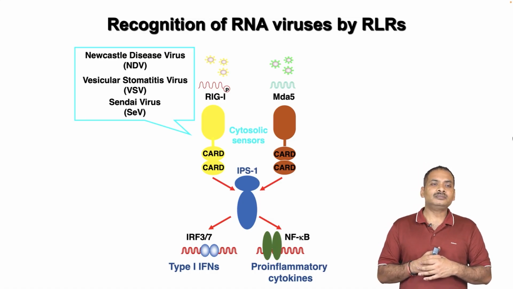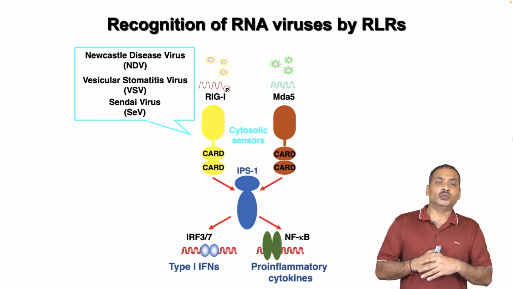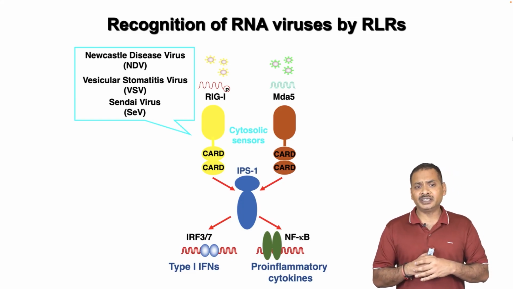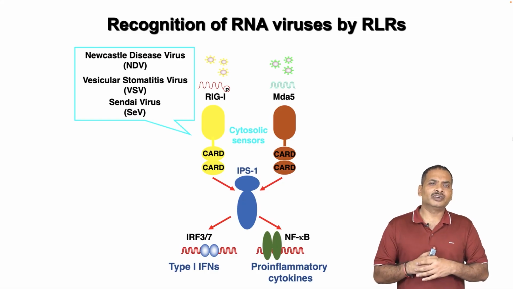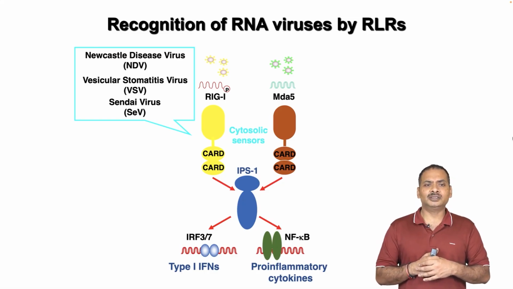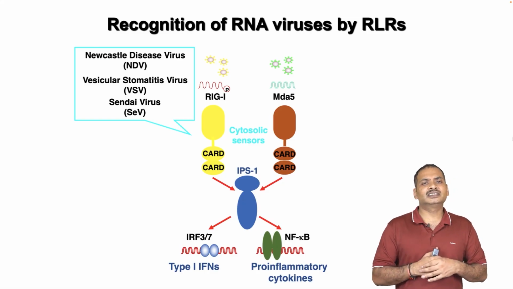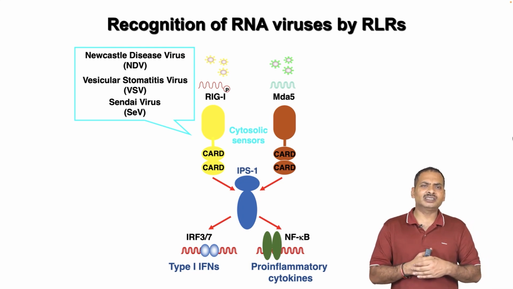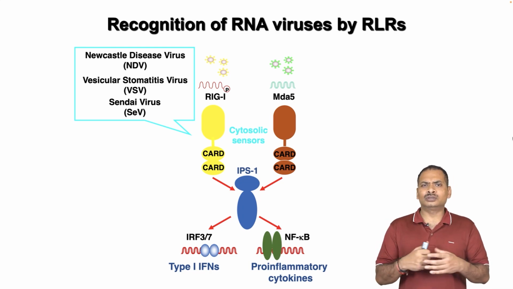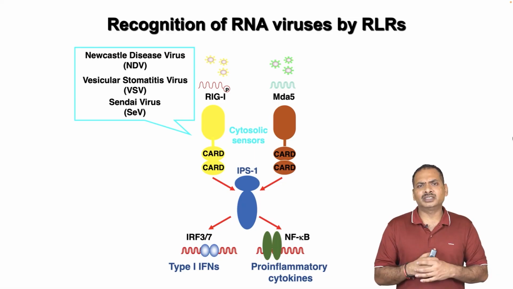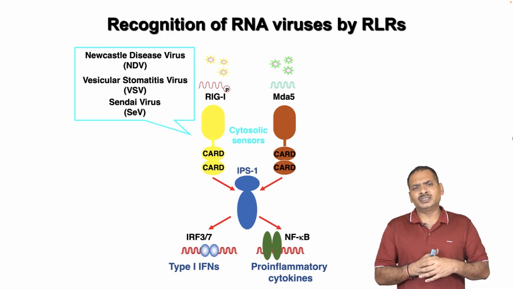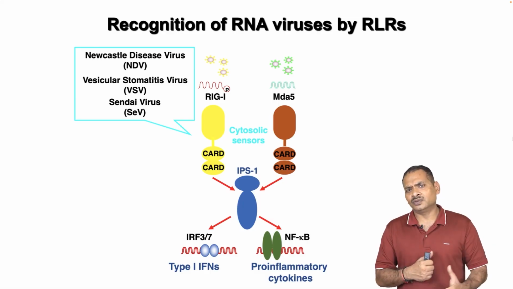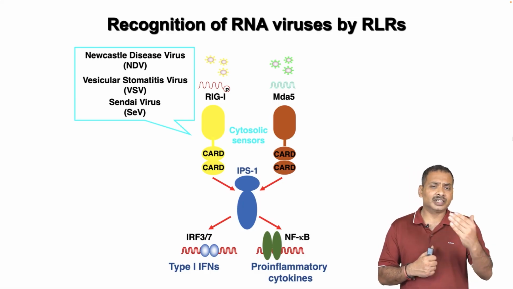So, NDV is one virus, another is vesicular stomatitis virus, VSV. You are probably very well aware of VSV. And there is Sendai virus. Sendai virus is also not pathogenic to normal humans. So, these viruses we use for the study of the RLR or RIG-I pathway.